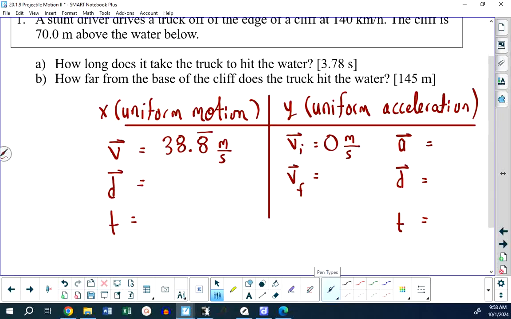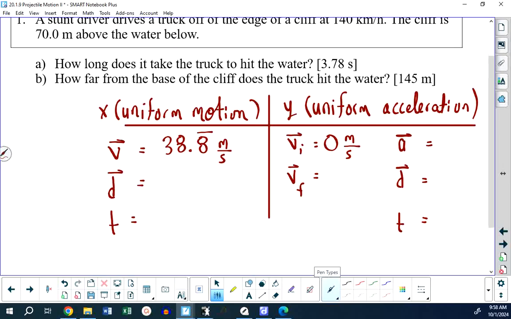Because just like in your lab, that steel ball bearing left that long metal track, and at the instant it left contact with that track, it was traveling horizontal because I leveled the bottom of the track that way. So if it's traveling horizontally, just like this stunt driver is, then that 140 kilometers per hour is in fact the true initial velocity of the car, but it's at an angle of, we'll just say 0 degrees.